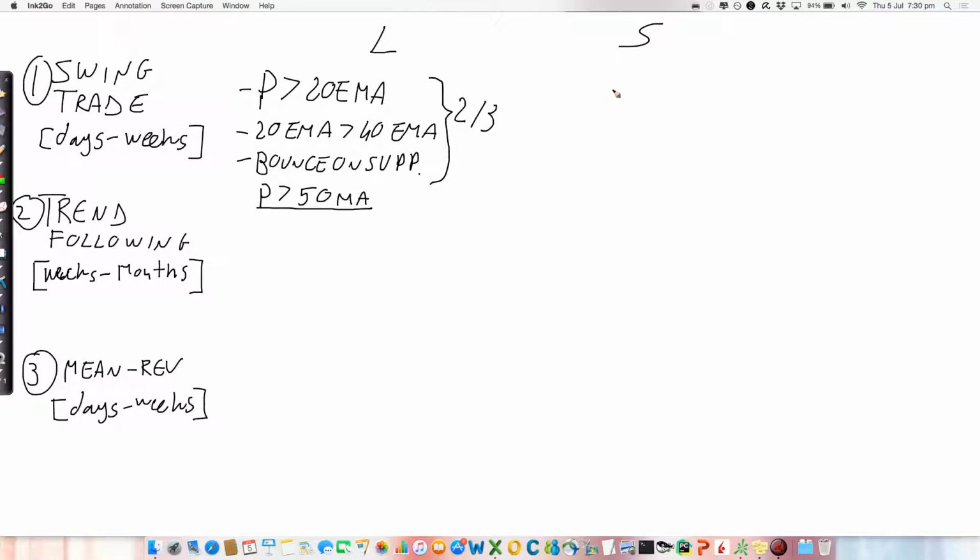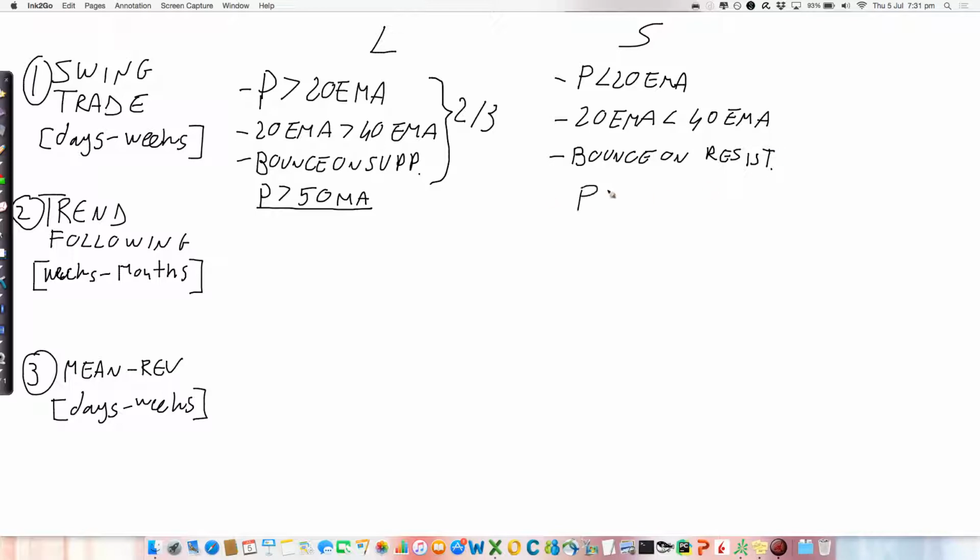For short, it is the opposite. So here we have price less than the 20 EMA, and then we want the 20 EMA below the 40, and we also want to check if there is a bounce on resistance and price below the 50 moving average.